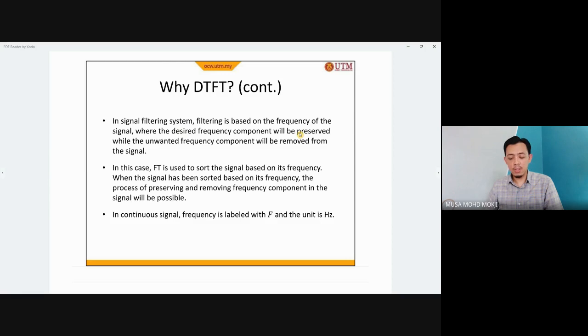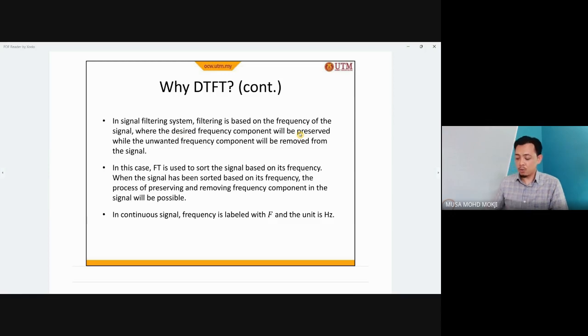What is a low pass filter? What is being passed through when you say low pass? Low pass means you pass through low frequency, and you attenuate or remove the higher frequency. That is what it means by low pass, high pass, band stop, and other types of filter.